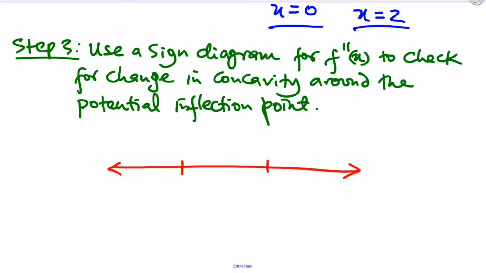We have 2 points, 0 and 2. These are x values.